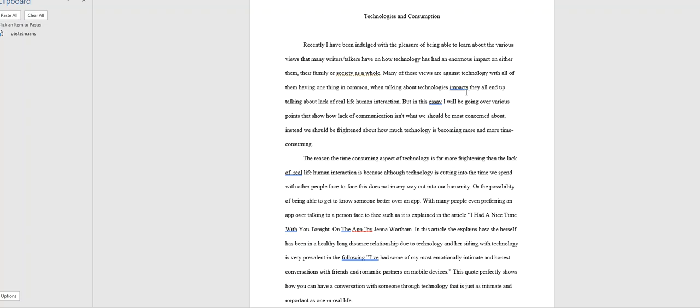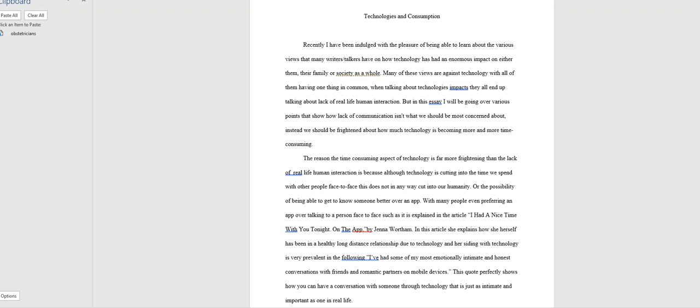So whenever you see these two double blue lines, that means that the grammar check on Word is detecting an area that should be looked at, that should be reviewed. So you might need to make a change, you might not.